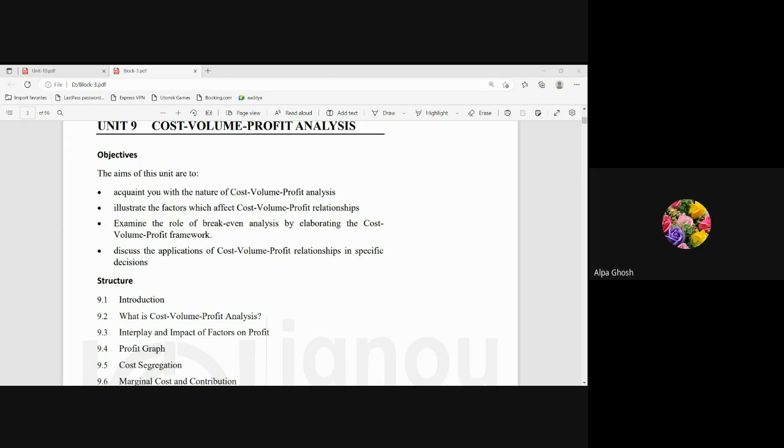So we know what is absorption costing, we know what is marginal costing. Can you recall what is absorption costing and what is marginal costing that we have done yesterday? Just let me know what is marginal costing and what is absorption costing. Yesterday we have done in block 2.